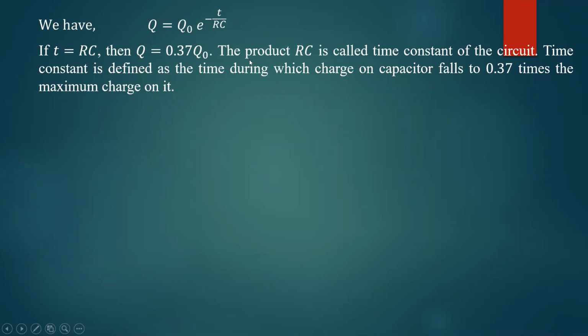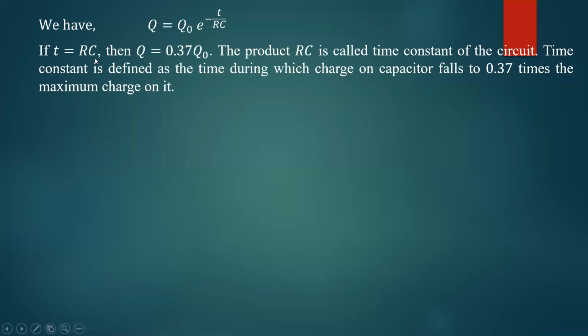So in this case also, the product RC is called the time constant of the circuit. During this time, the charge on the capacitor decreases to 0.37 times the maximum charge on it. So the time constant is also defined as the time during which the charge on the capacitor falls to 0.37 times the maximum charge on it.